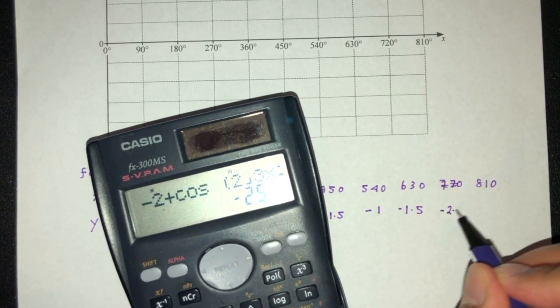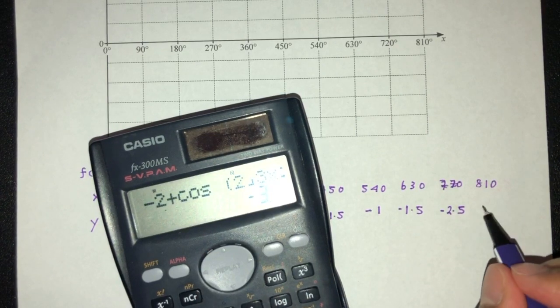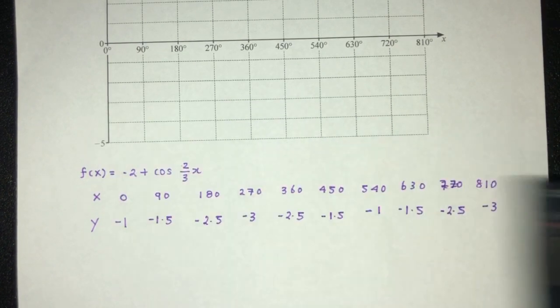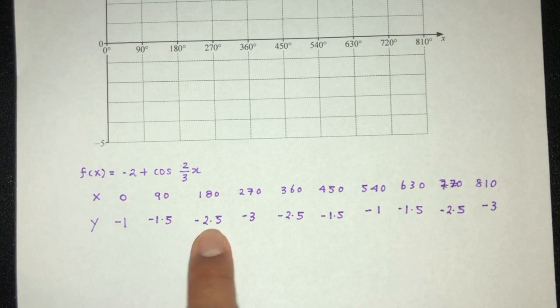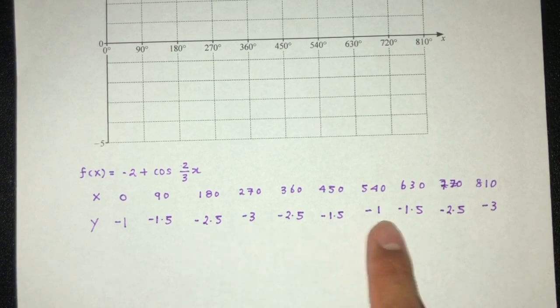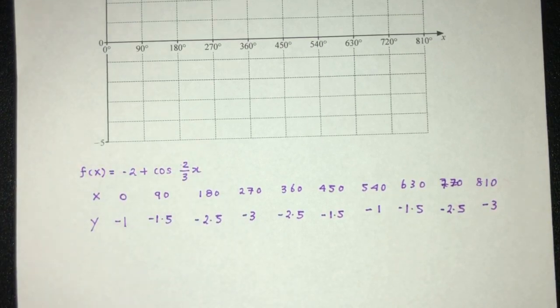Almost done. And 810, here you go. That'll be minus 3. As you can see, minus 1, minus 1.5, minus 2.5, minus 3, minus 1, minus 1.5, minus 2.5, minus 3. So it kind of repeats itself. It goes up and down, as you can see. That's how we call them cyclic curves.